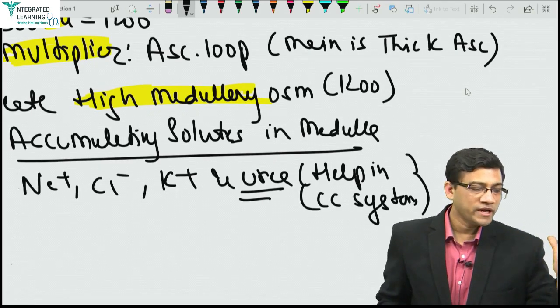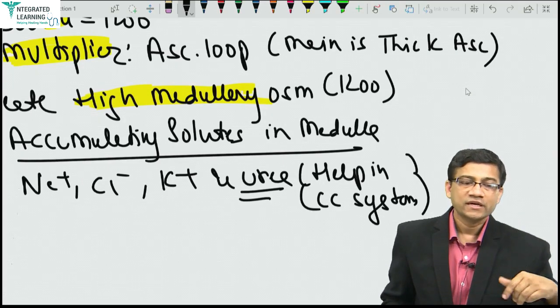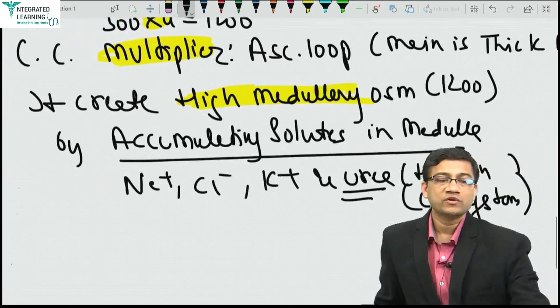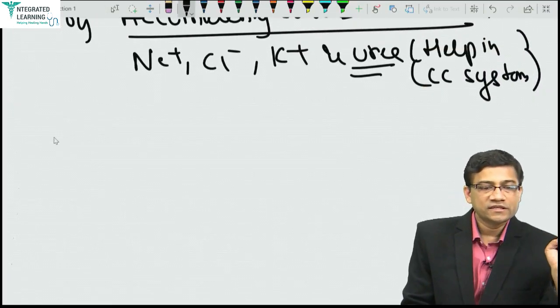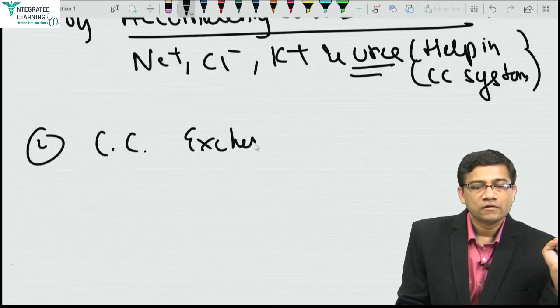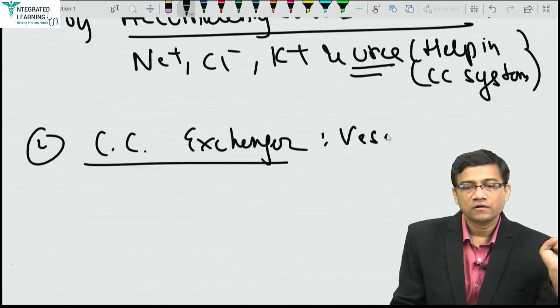Now, you not only have to create the osmolality, you also have to maintain it. We have to prevent any abnormality in the osmolality. So we need someone to maintain it, and that is number 2, the counter current exchanger. It is the vasa recta.